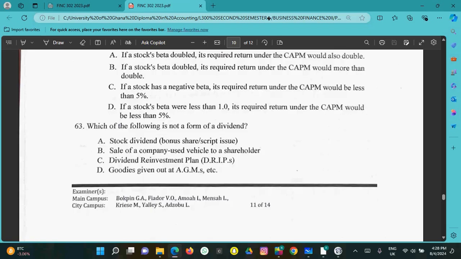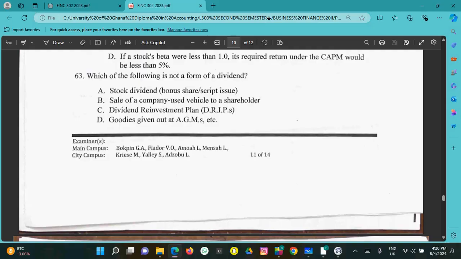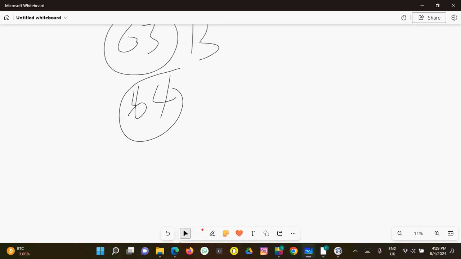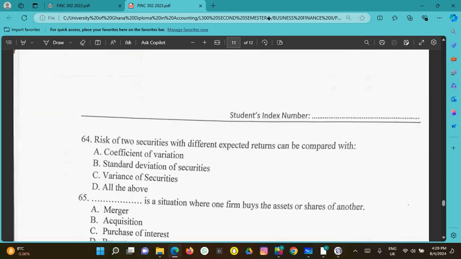Which of the following is not a form of dividend? Number 63 is B, a sale of a company's used vehicle to a shareholder. 64.